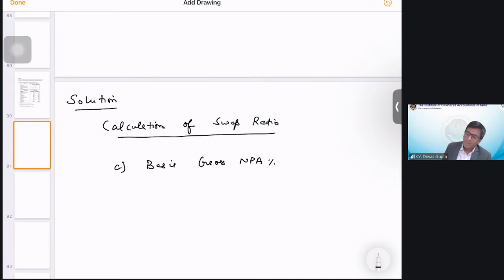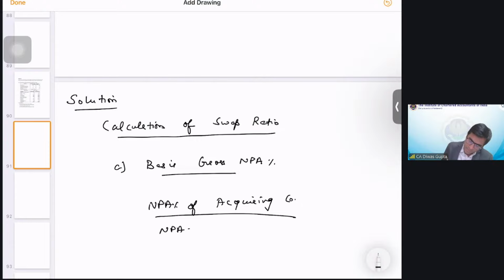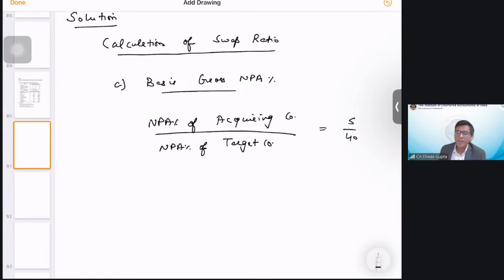So the formula is: NPA percentage of acquiring company divided by NPA percentage of target company, which is 5 divided by 40. This is the first ratio.